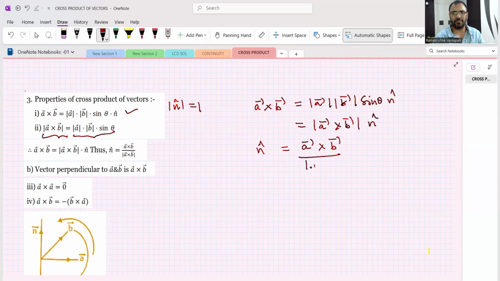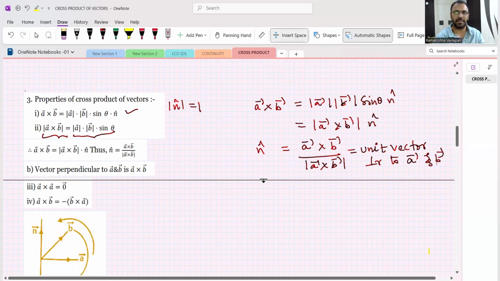What do you call this? This is the unit vector perpendicular to both A bar and B bar. So the unit vector perpendicular to both A bar and B bar is A bar cross B bar by the modulus of A bar cross B bar. This is a very, very important concept.